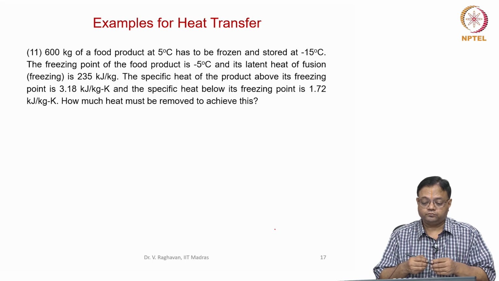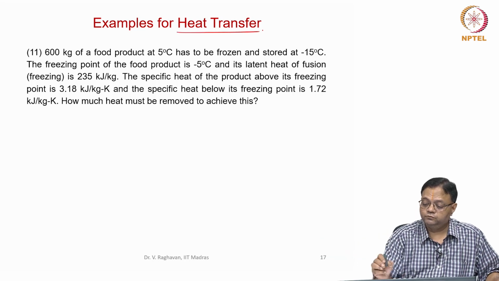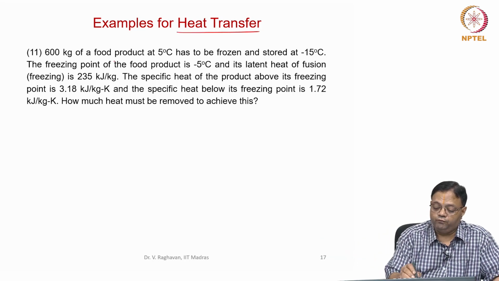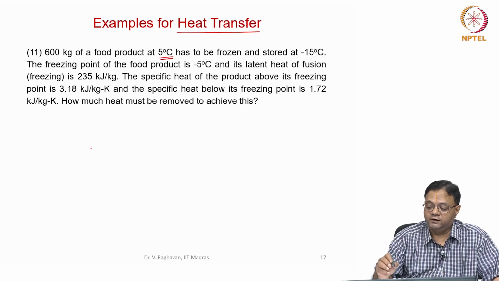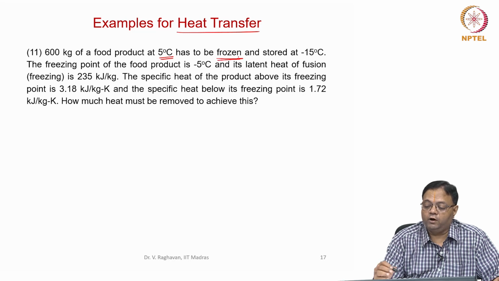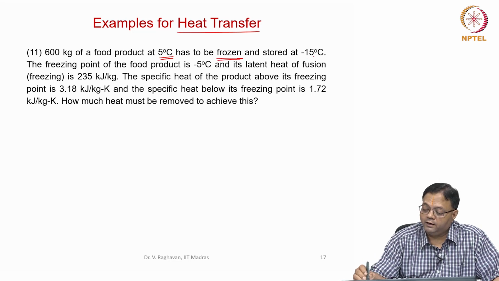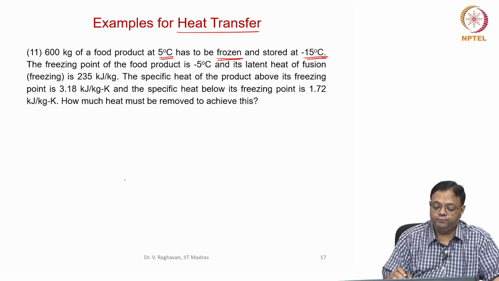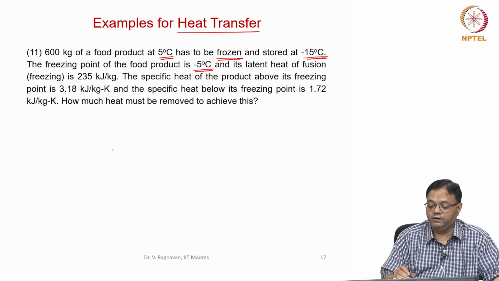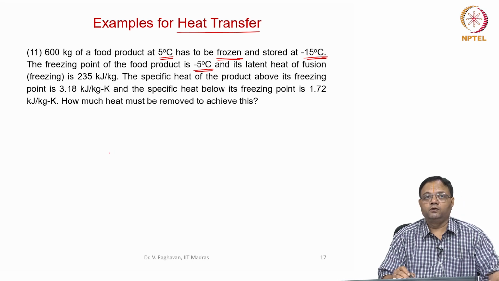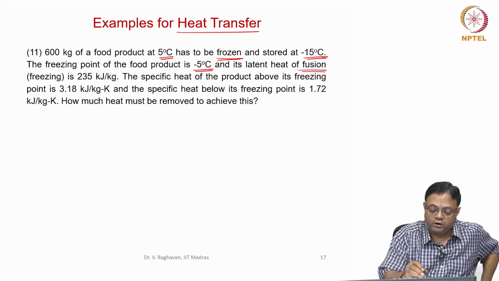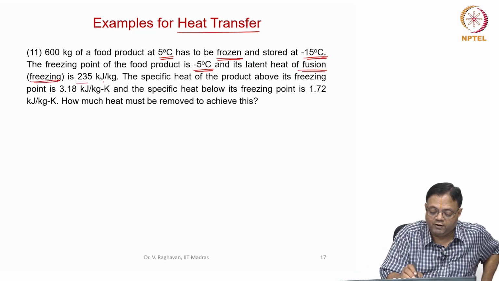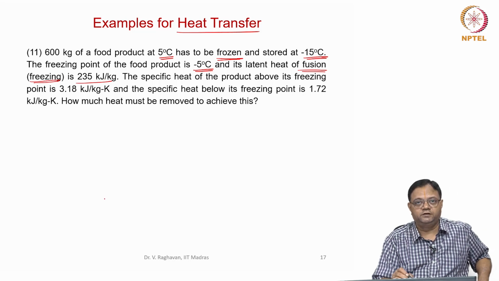Next problem is on heat transfer. 600 kg of food product initially at 5 degrees in a refrigerator has to be frozen now for keeping it for a long period and stored at minus 15 degrees centigrade. The freezing point of the food product is minus 5 degrees centigrade. Then the latent heat of fusion, or latent heat of freezing, is given as 235 kilojoule per kg.